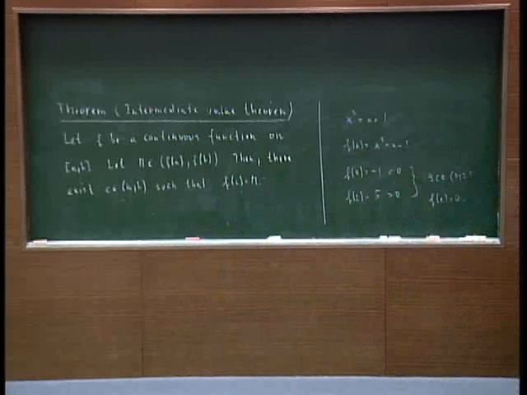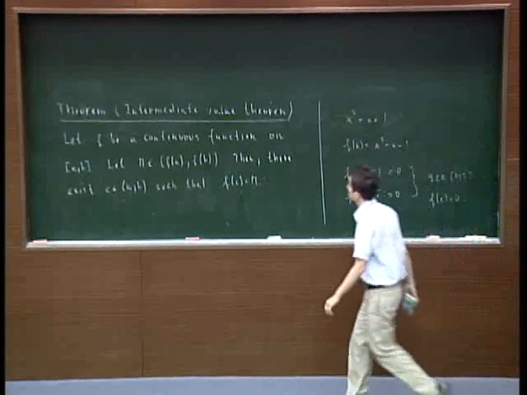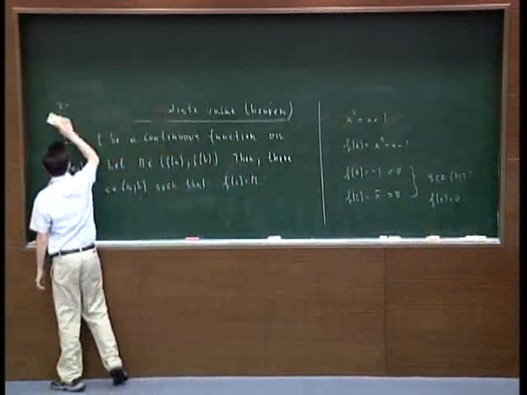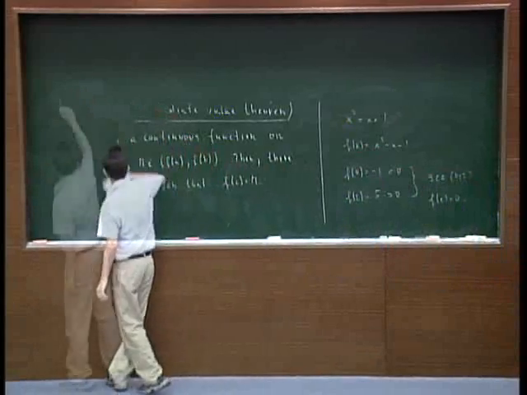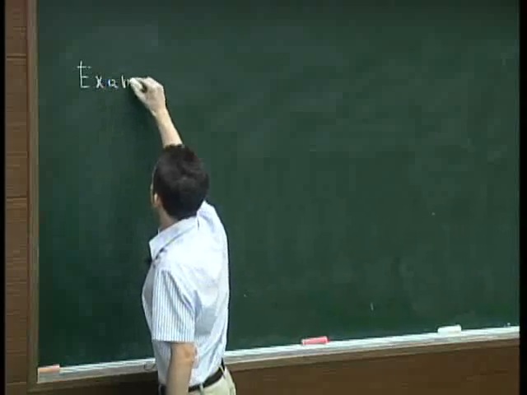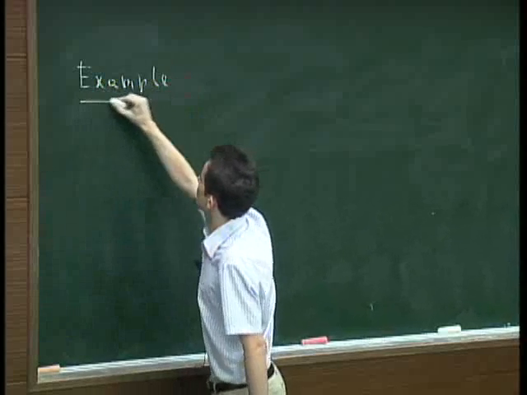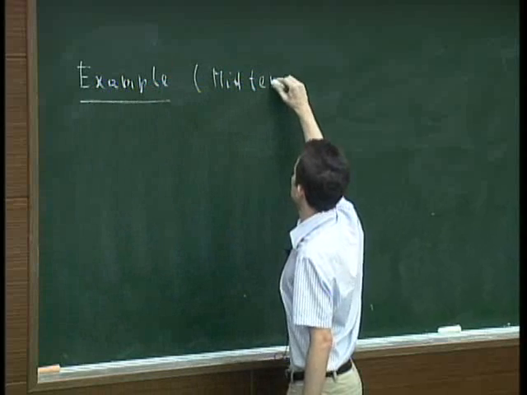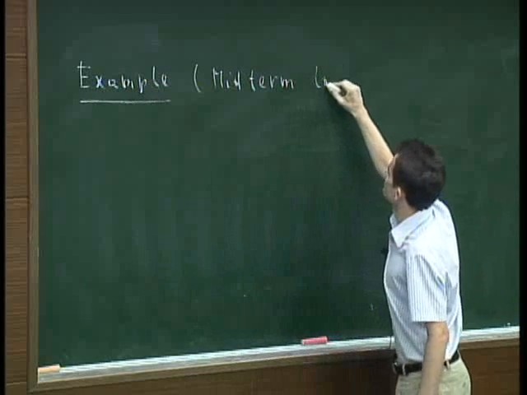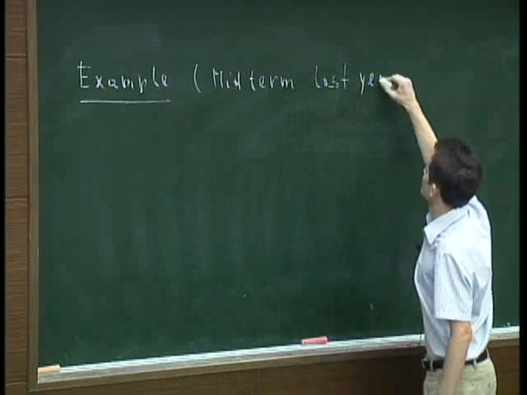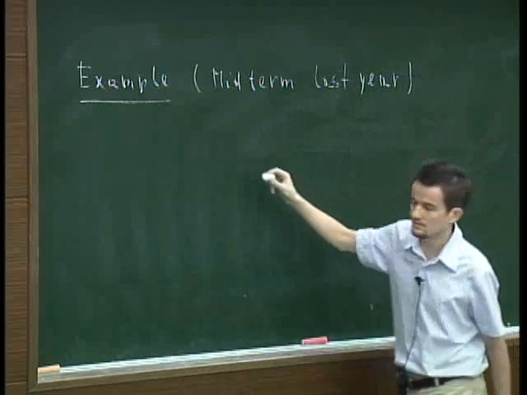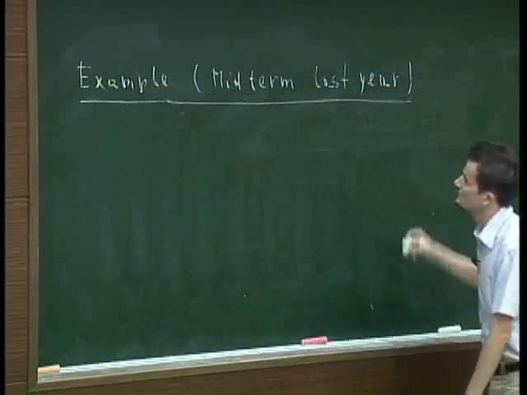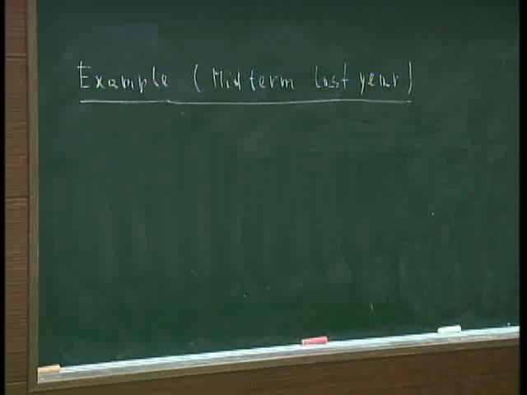We look at the final example. The final example is coming from a midterm exam from last year. So this is the example which I had in my midterm last year. Now you have the following situation.